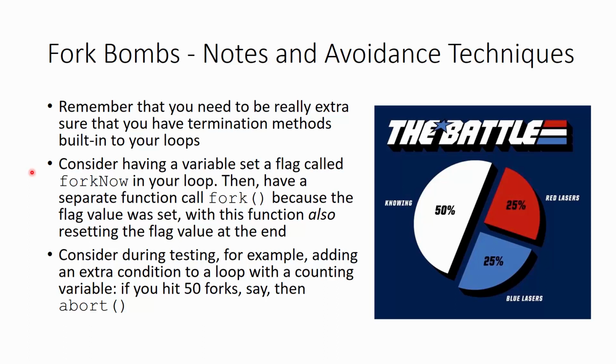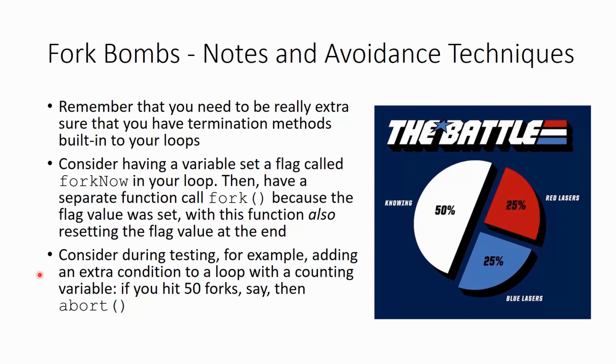That way you have to explicitly set it each time. Of course, we can all imagine cases where you'd set that up such that it automatically goes off and creates a fork bomb, but you're just trying to create little extra steps you have to go through to make fork safer.